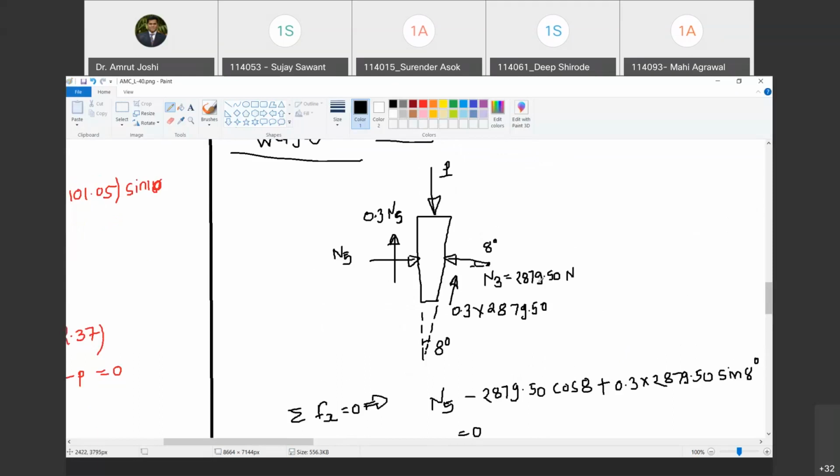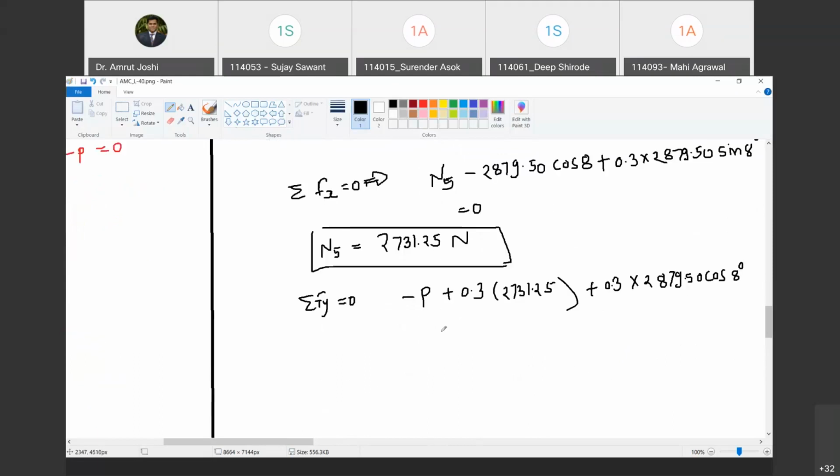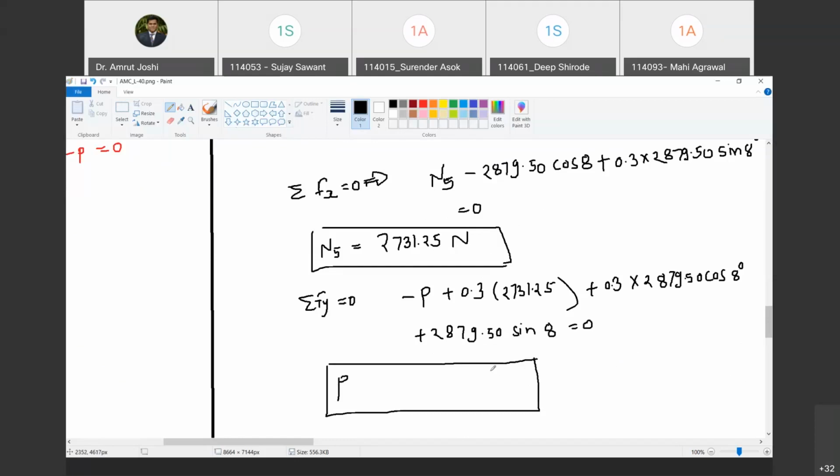So this is 2879.50 sine of 8 degree plus 2879.50 sine of 8 degree. This has to be equal to 0. So what is the value of P at which this wedge will be on the verge of motion downward? Tell me.